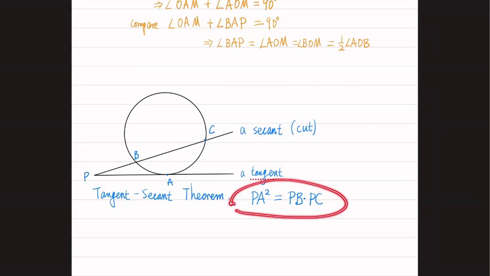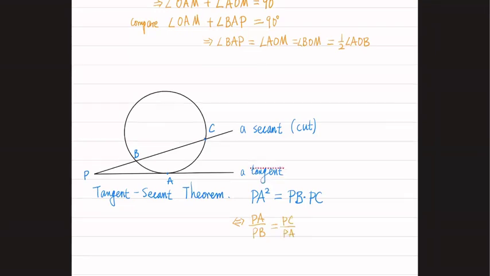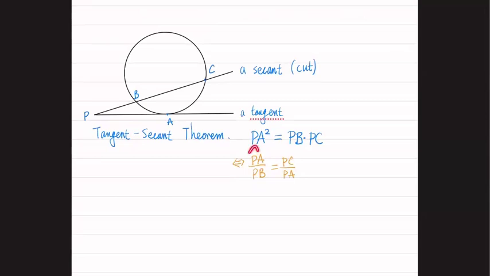Convert it to quotients, then they will be related to similar triangles. This is equivalent to... so PAB is this triangle. PAC, this triangle, so two triangles.